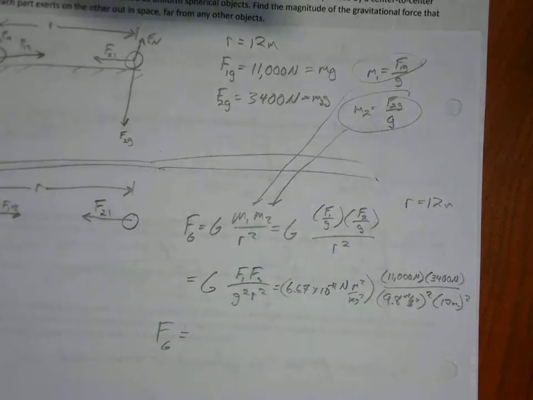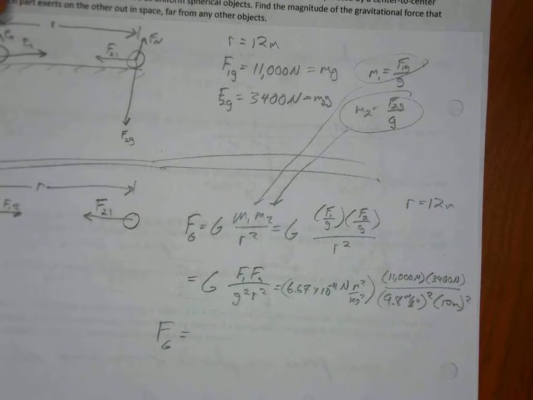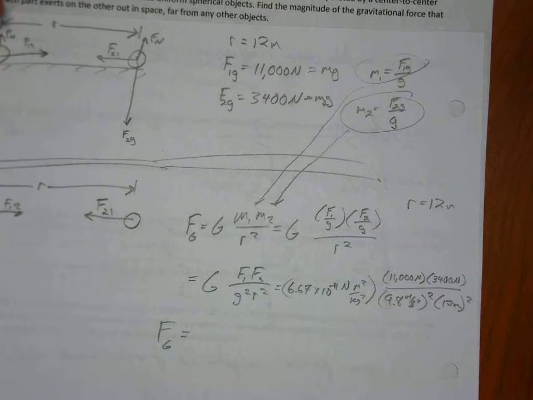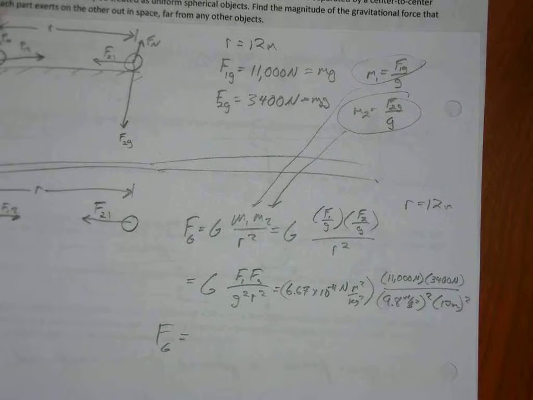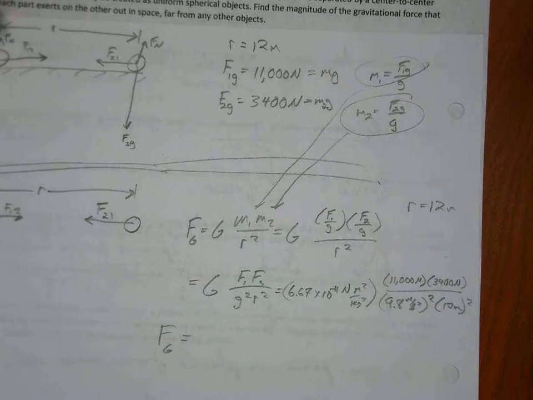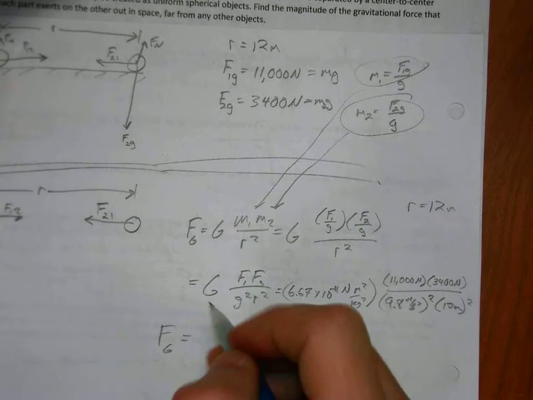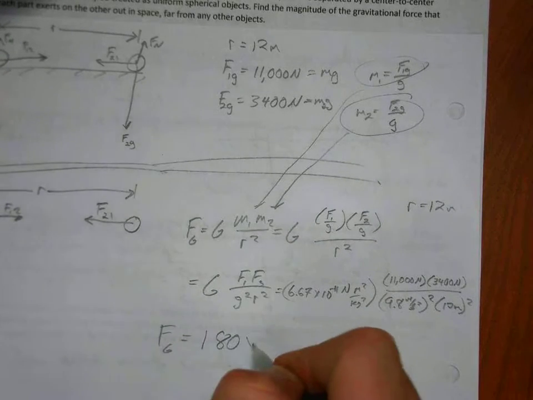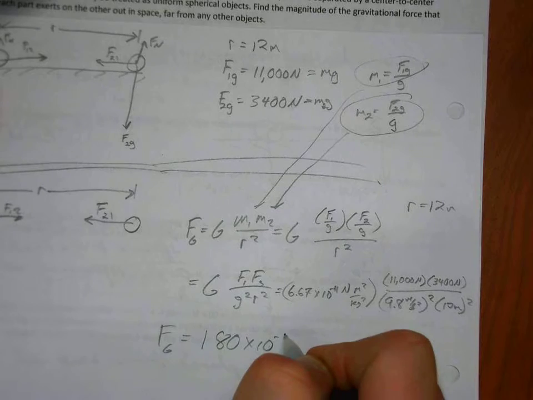Fg equals, got this somewhere, 180 times 10 to the negative 9th newtons.